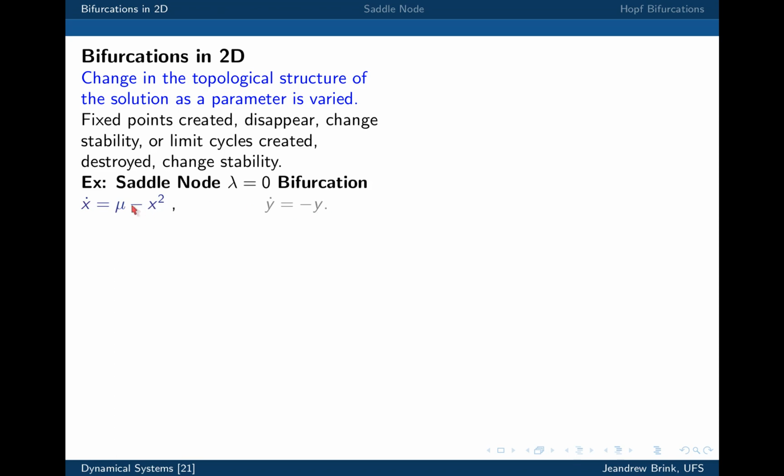This is a very nice, simple example. It completely decouples. You look at y dot, and it's just minus y, so you basically have y equals y0 times e to the minus t. So it is a decaying function to y equals 0.